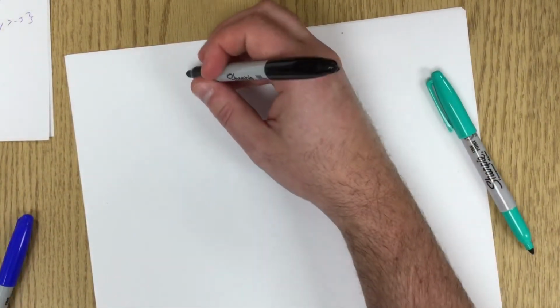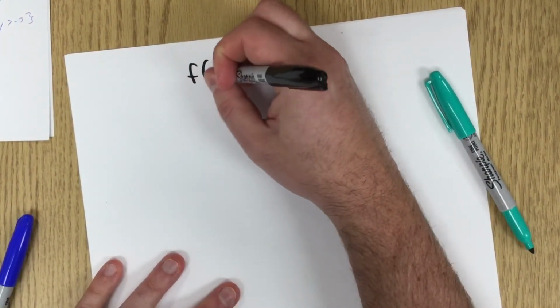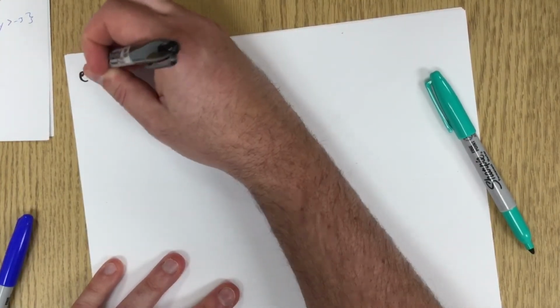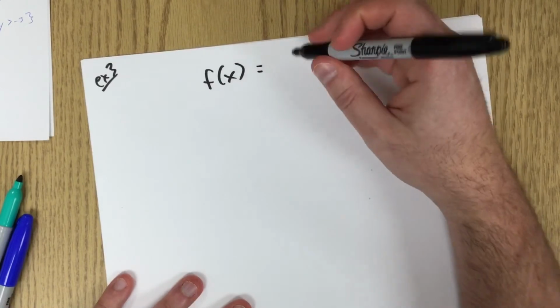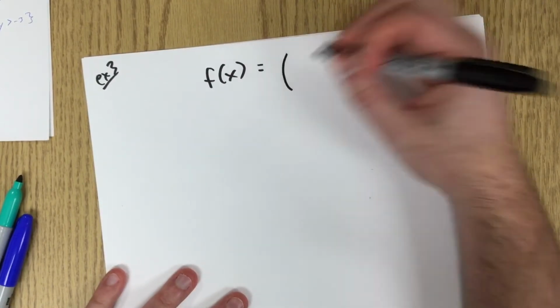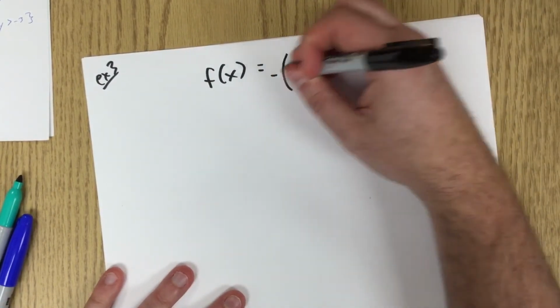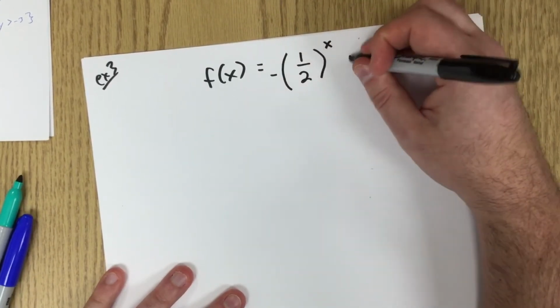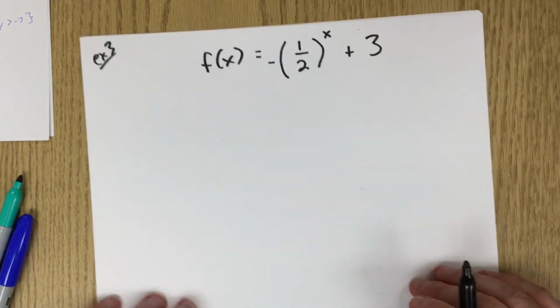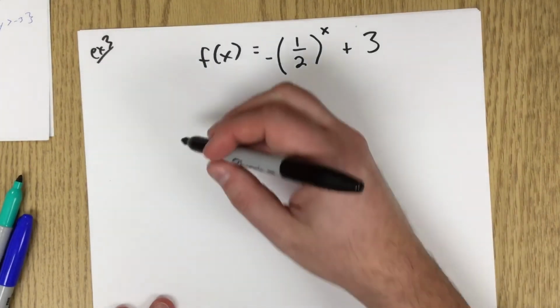So the next one is example 3 here. Okay, I've ramped up the difficulty quite a bit.